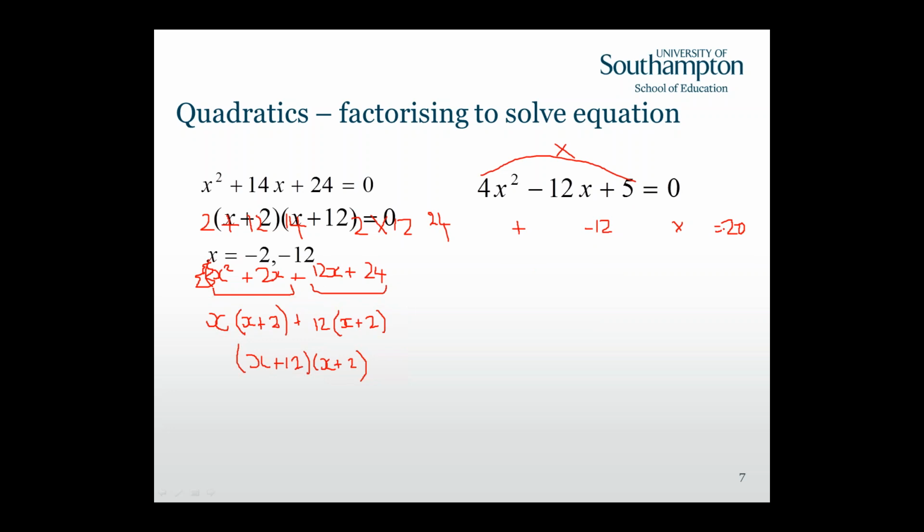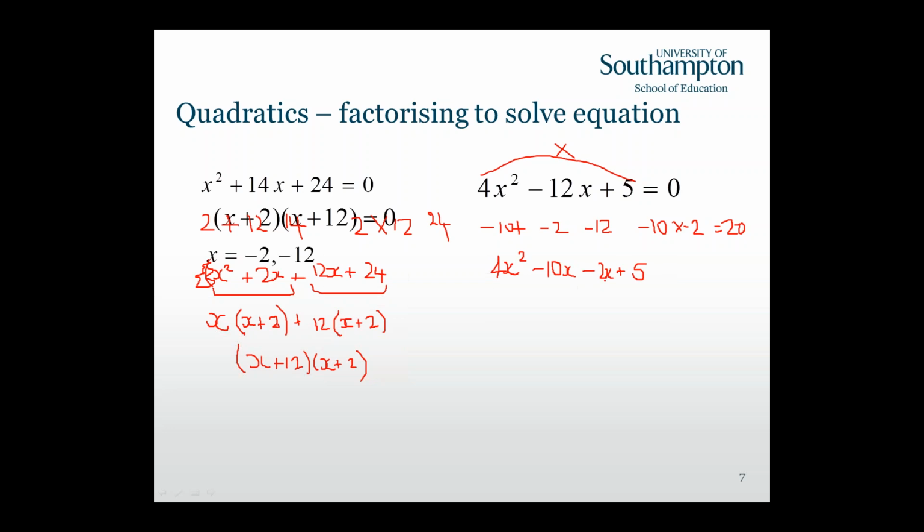So looking at those, 10 and 2, but we want them both to be minuses: minus 10 and minus 2. Then I can again write this out, splitting that middle term, the 12x, into minus 10x minus 2x plus 5. And it doesn't matter which way round you write this.